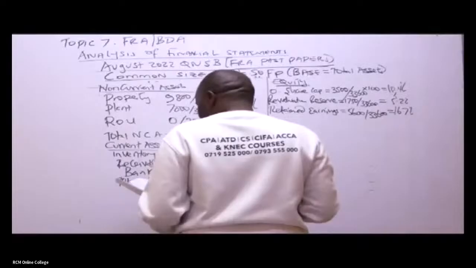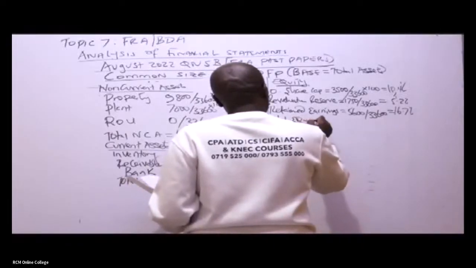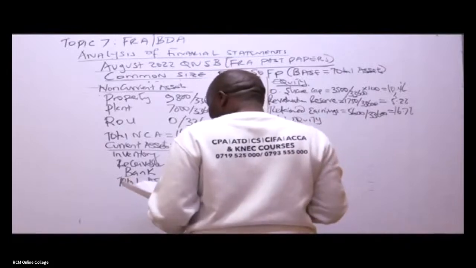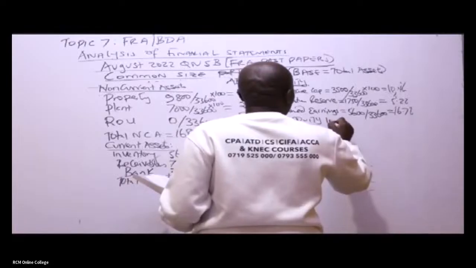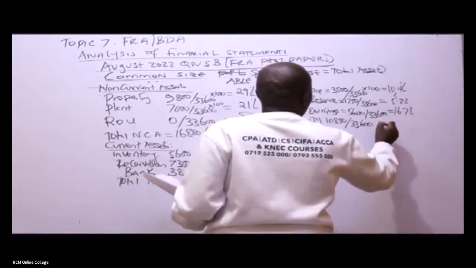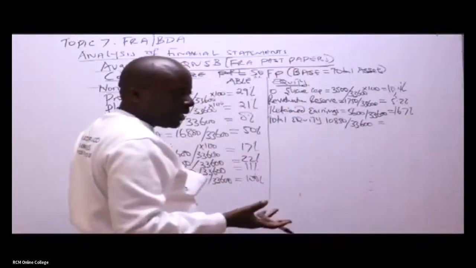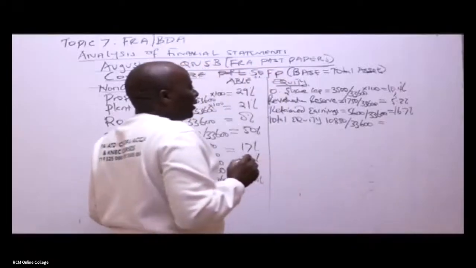Great. Then we have total equity. You write everything given. Total equity, we have 10,850. Still divided by our baseline, which is 33,600. Give me a number there. 16.67%. No, that is retained earnings.